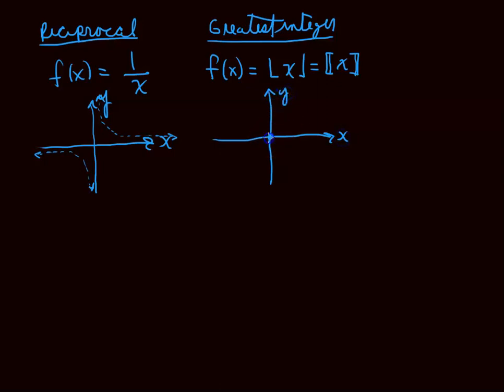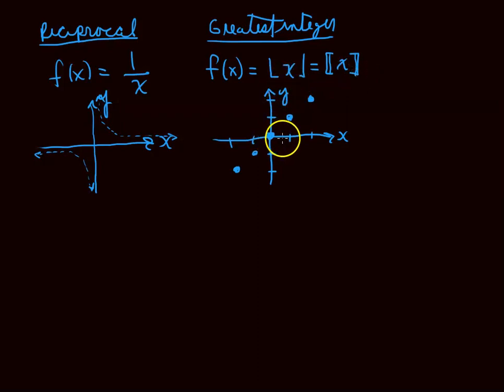So 0 returns 0, 1 returns 1, 2 returns 2. You might see, isn't that the identity? Sort of, just a second. -1 returns -1, -2 returns -2. But not greater, that's the not greater than, it's the equal to part of this.